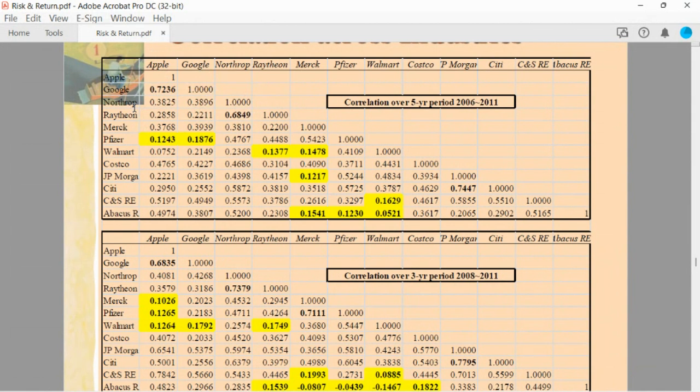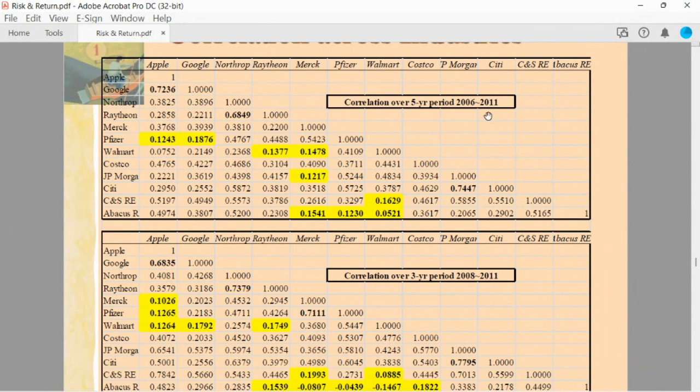Northrop Grumman is a defense industry company that makes jet fighters. So DoD, Raytheon. Self-correlation is, of course, always 1. So this diagonal is self-correlation.